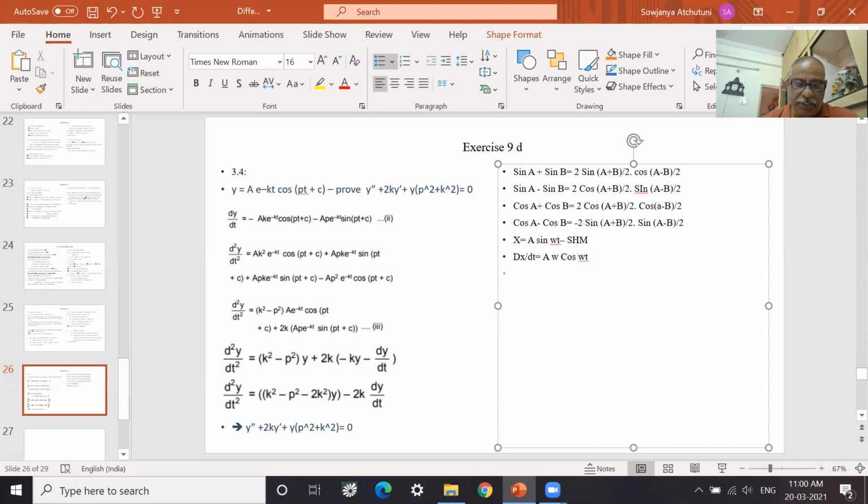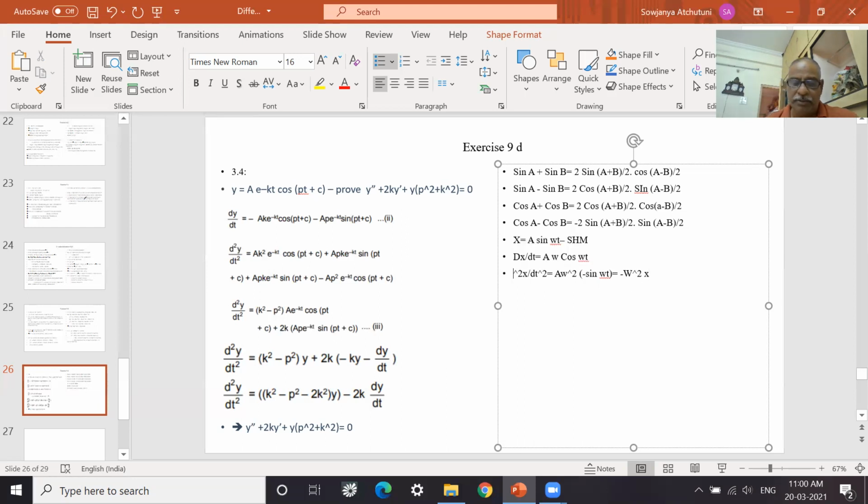When I double differentiate, d squared x by dt squared is equal to a omega squared into minus sin(omega t), which is minus a omega squared sin(omega t). So minus omega squared into x, because a sin(omega t) is x. So we can rewrite it in terms of x: minus omega squared x.